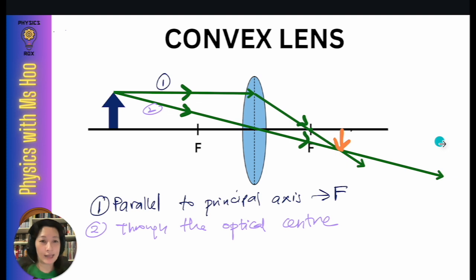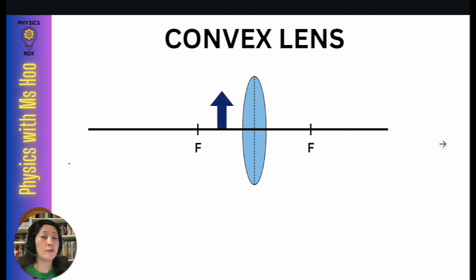Taking these same two guidelines, you can also draw the light rays for an object that's placed really close to the lens like this. So again, I'm just going to show the formation of the image. Okay, like this. I'm going to shift it. There you go. Okay, so one light ray parallel to the principal axis.